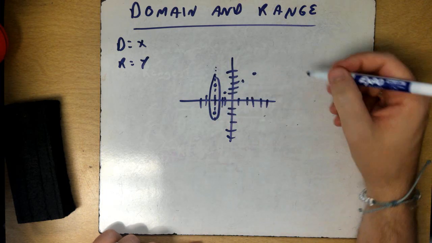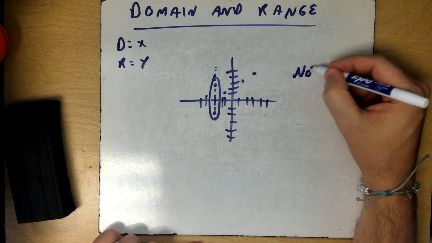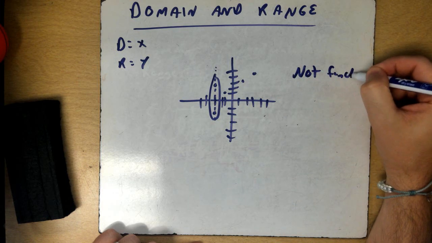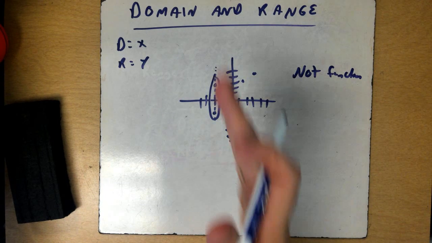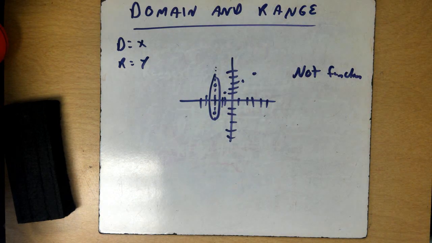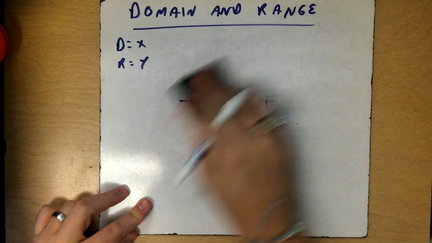Because of that, it's not a function. It can't have points on the same line that way. All right, one more example, and we're done.